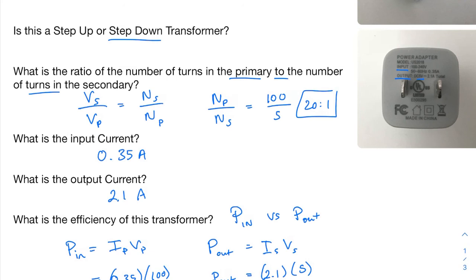So if I think about what my efficiency is, I have 35 watts going in and I only have 10.5 coming out. So we're just going to do a simple division there. 10.5 divided by 35, and this means that it is approximately 30% efficient. So not very efficient.